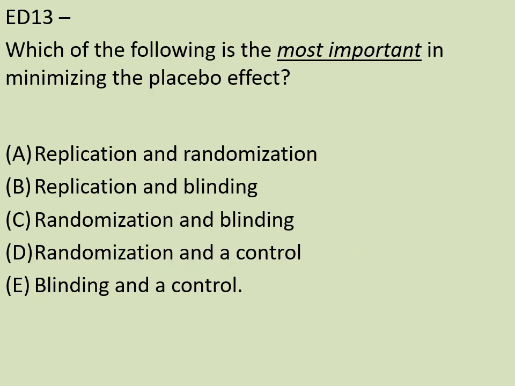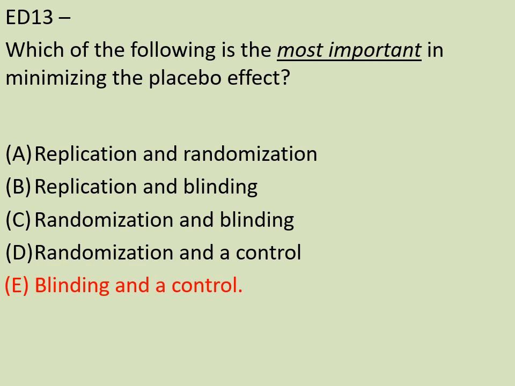ED 13, which of the following is the most important in minimizing the placebo effect? Okay, so all these things are sort of important. We want randomization, we want control, all these things are important.